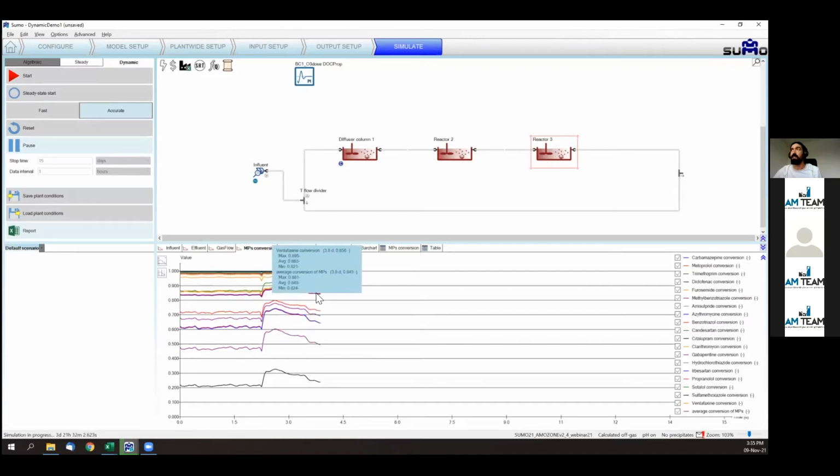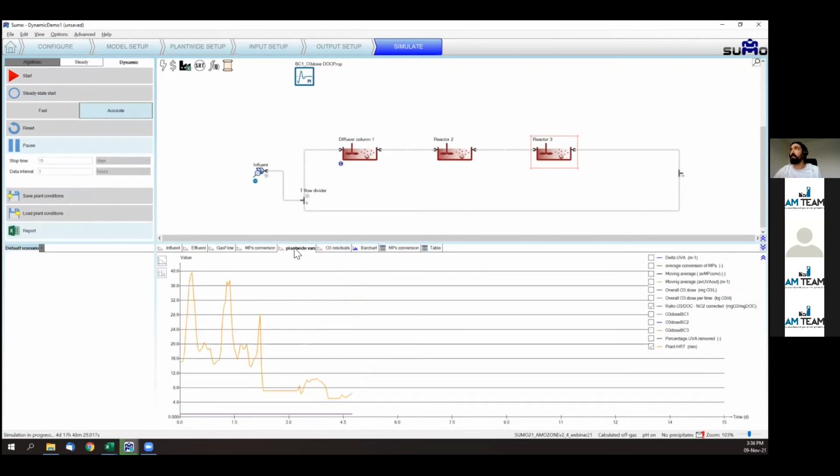Here we see that the average removal doesn't change significantly. Why? Because we still have room for complete exposure to the dose that we're inputting. Here we see an increase in the removal due to the rain event, which is lowering the strength of the water and then making the life of ozone and radicals longer.